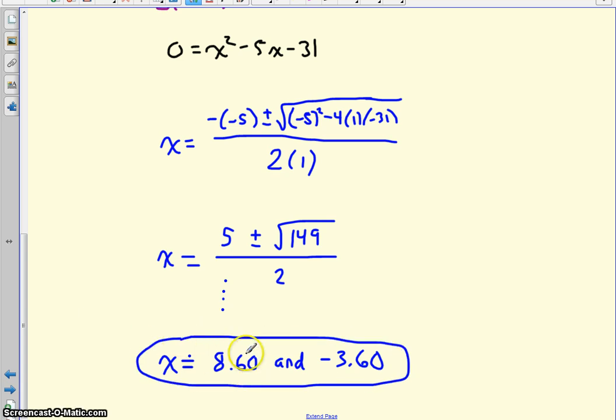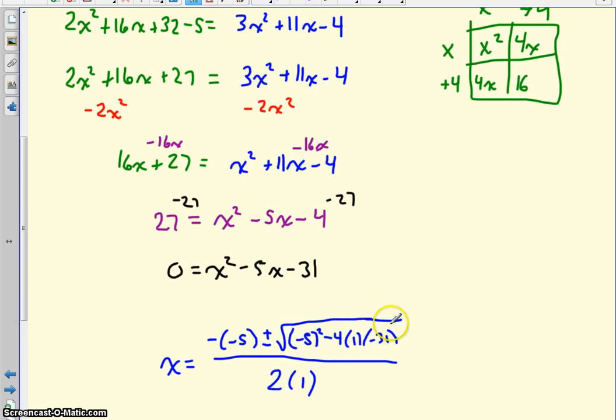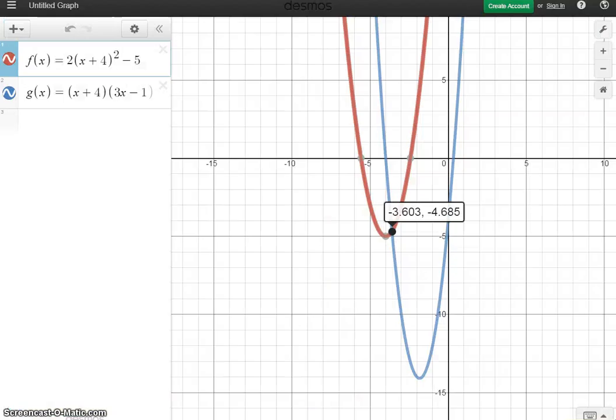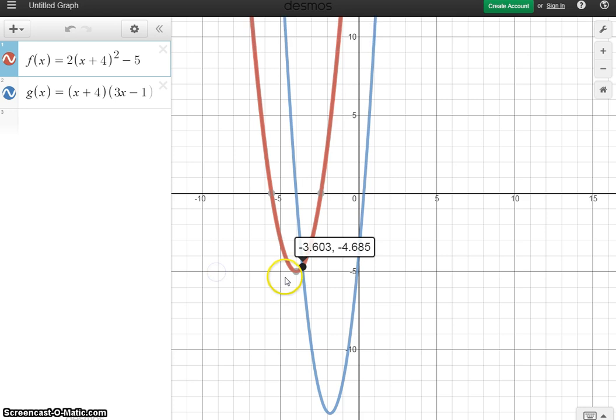Okay, now just to confirm that this is correct, let's go and use Desmos. So remember, our original equation was to solve f of x equals g of x, which is this equation equals this equation. So you're looking for those points of intersection. Going to take a look at the graph here on Desmos. You'll see I have graphed both f of x and g of x. And you see there's one point of intersection here between them, and the x value is approximately negative 3.60.